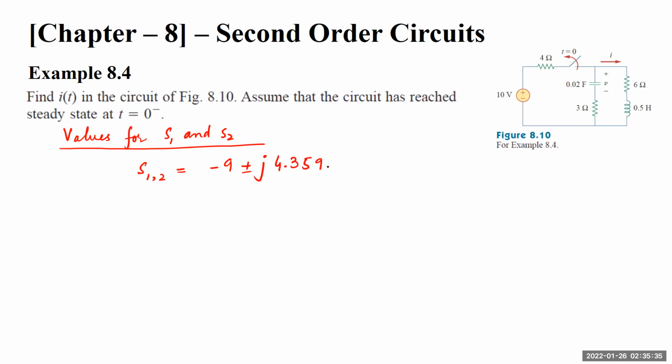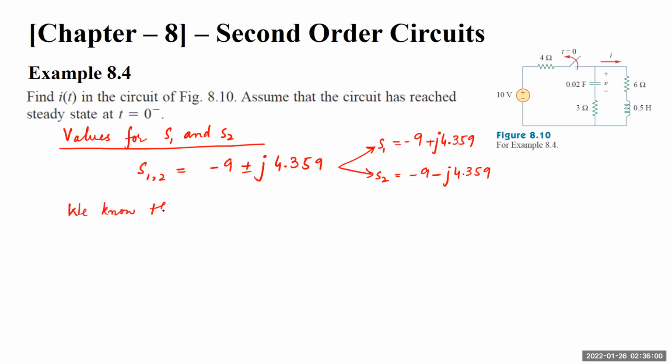So these are basically two values. One value, which we call S1, is minus 9 plus j 4.359, and our S2 is minus 9 minus j 4.359. So these are the two values for S1 and S2.